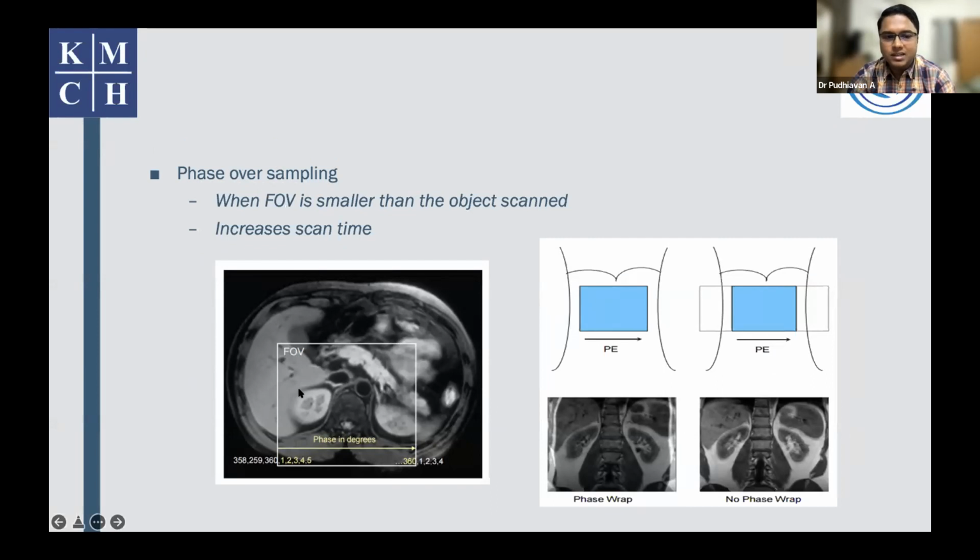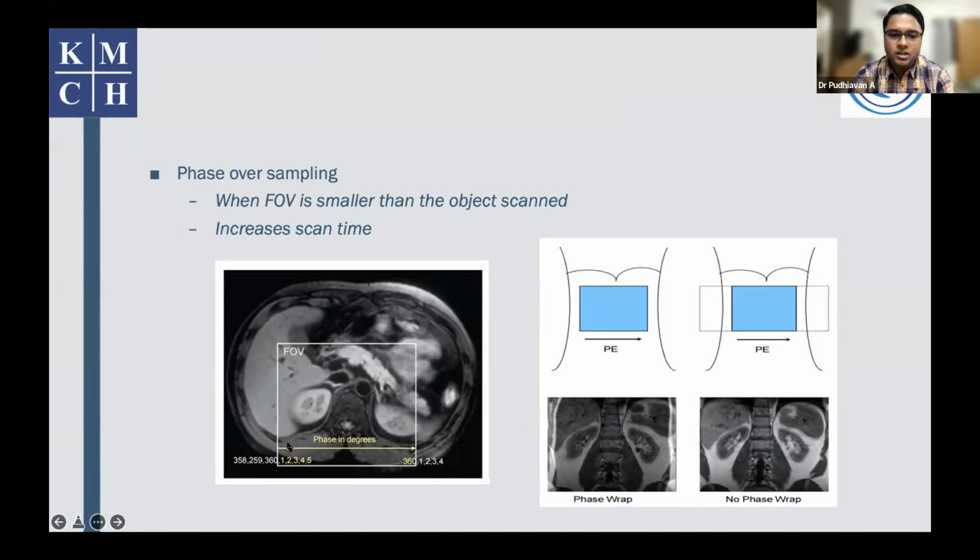What happens here is that when a FOV smaller than the body is placed in the imaging plane, the phase encoding during the pulse sequence will start from one end and go to the other end. But the phase encoding doesn't stop at the end of the FOV. The phase encoding will continue to grow along both directions outside the FOV also.